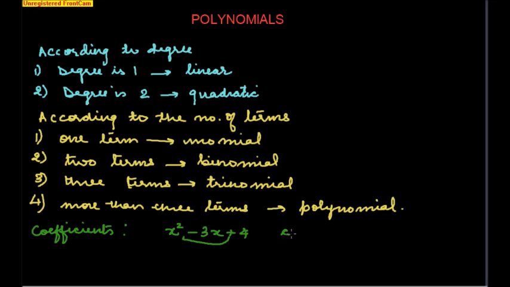Like here, we say the coefficient of x is minus 3. And if you see, the coefficient of x square is 1.